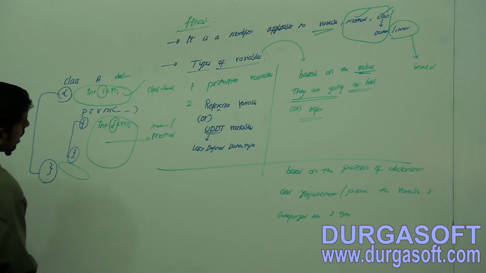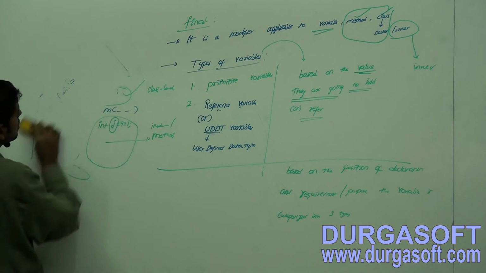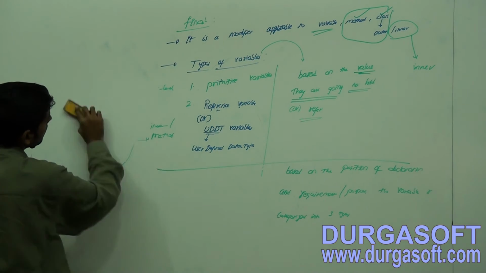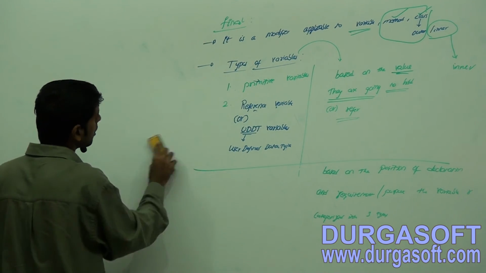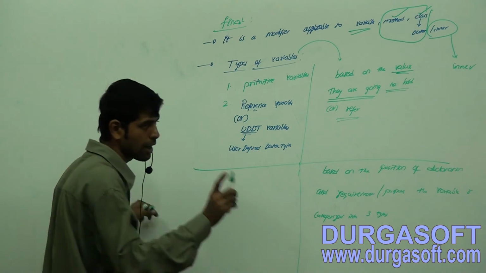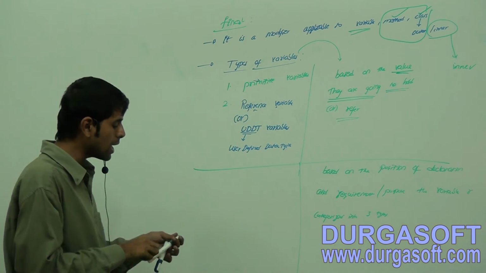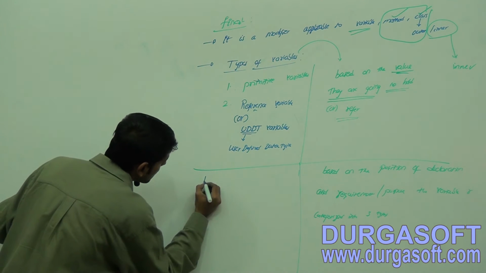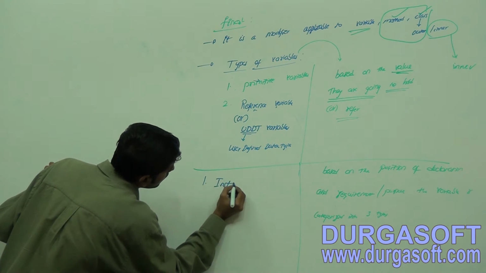What are those three types? Number one is instance variable.